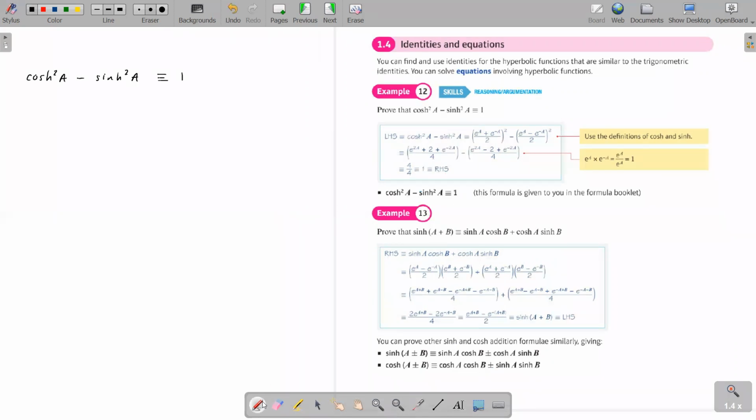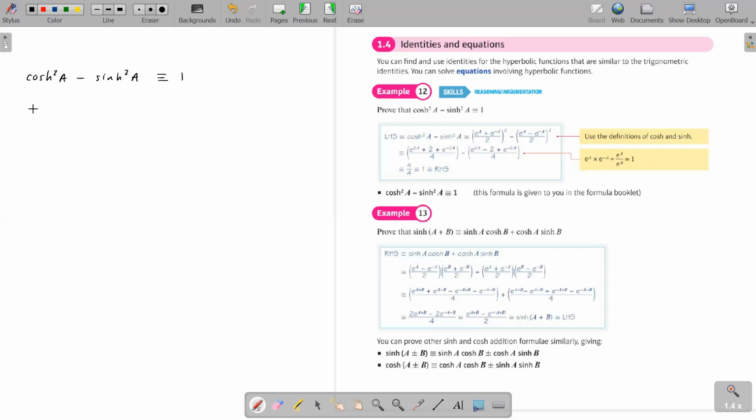We already know the definitions of cosh and sinh, right, guys? That was the very beginning of this lesson, all the definitions. The definition of cosh x was e to the power x plus e to the power minus x, divided by 2.